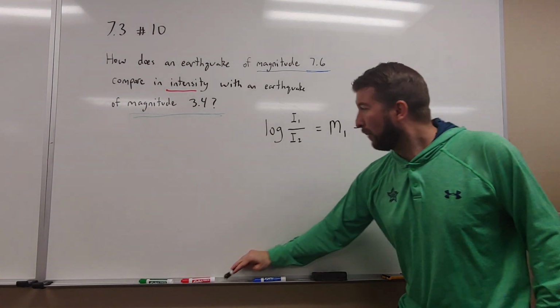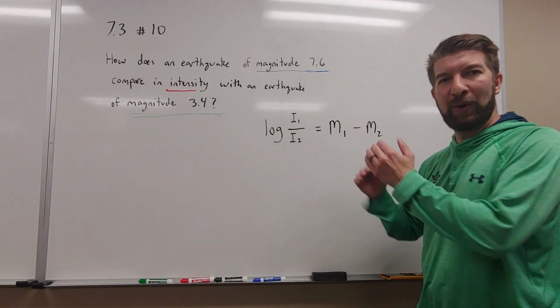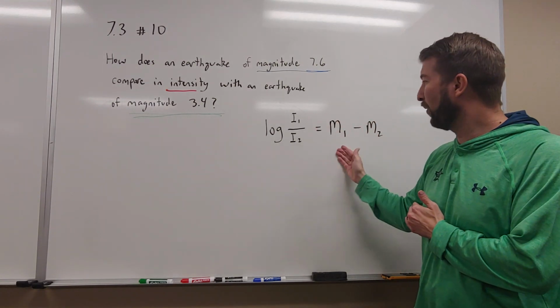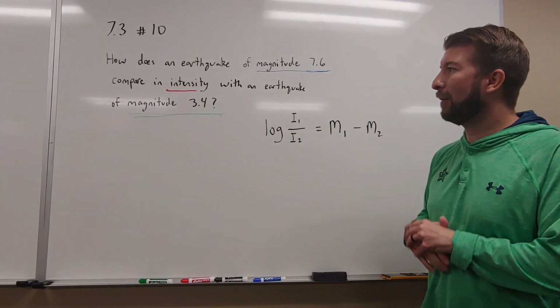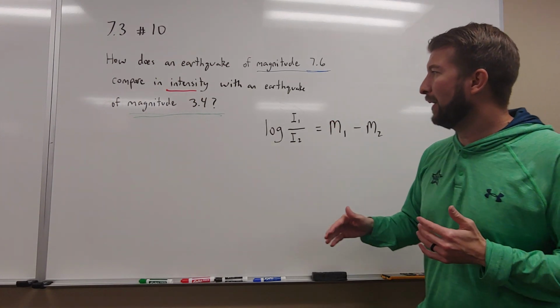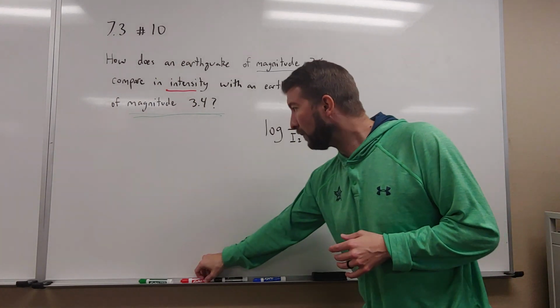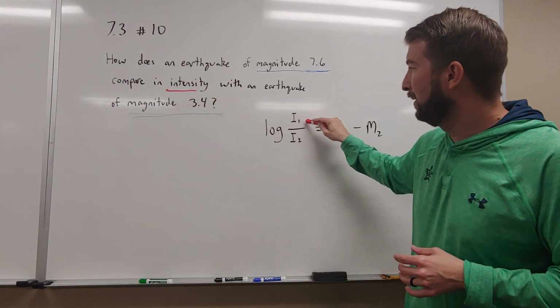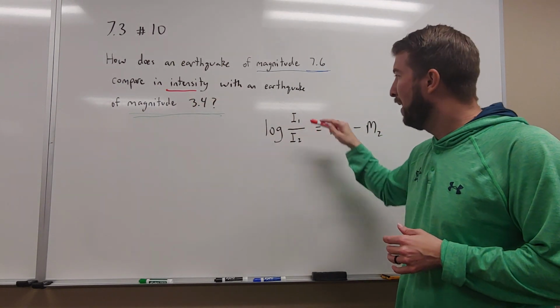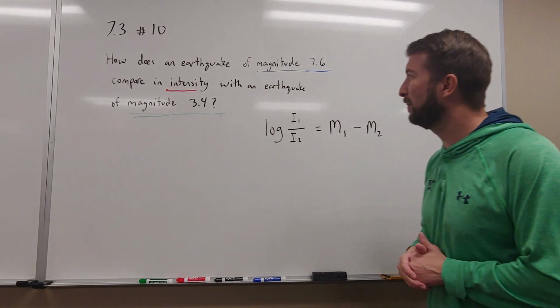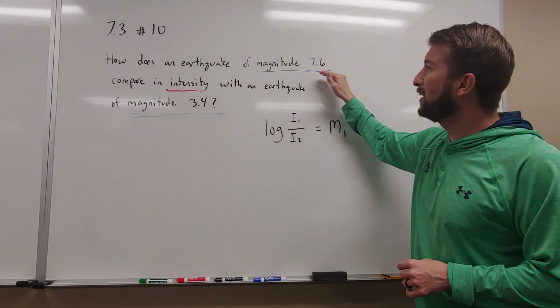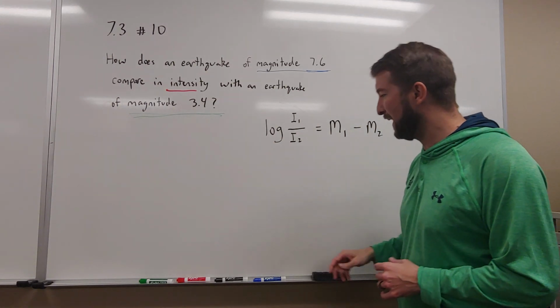All right, and so I'm trying to figure out the difference or the ratio of intensity between the first earthquake and the second one. So I'm just going to substitute numbers. The intensity is the I. Those I's look like L's in the book, but it gives me only 2 numbers, so I'm just going to plug those in.